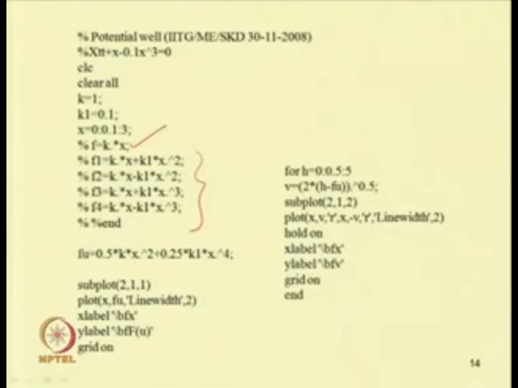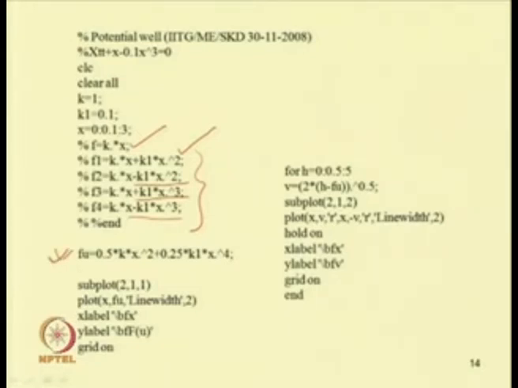Then for nonlinear systems with quadratic nonlinearity, one can take f1 equal to k x plus k1 x square, and another function f2 can be taken with a soft spring with quadratic nonlinearity, minus k1 x square. Or one can take cubic nonlinearity only, with a hard spring, and this one is cubic nonlinearity with a soft spring. So, taking different types of function, one can write, for example, this function.